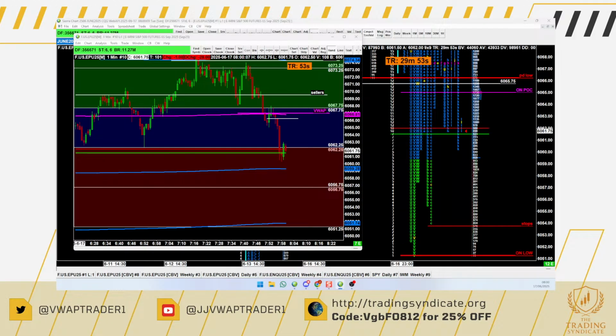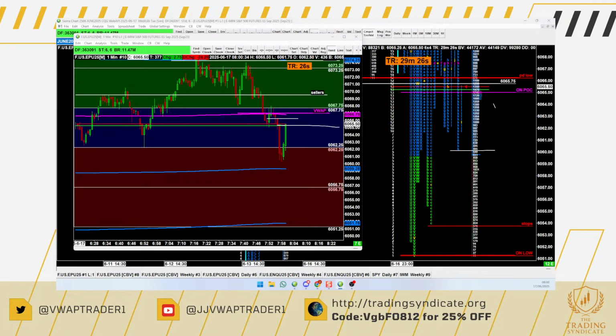Now if London doesn't take out that low, it'll rotate back up to the point of control. So I'm long. Where am I going to get long here? I'll try 62 and 3/4. And I know there's a seller here, so I'll go put a 4 out.